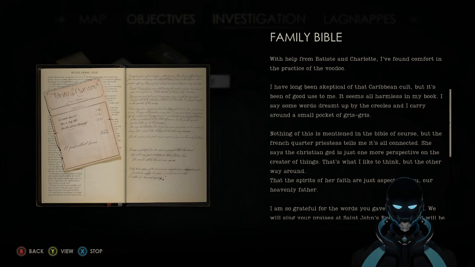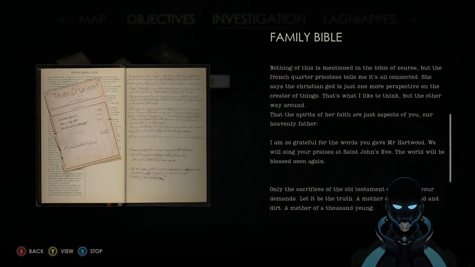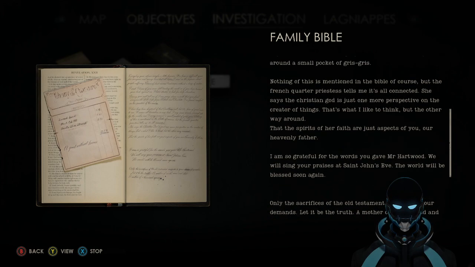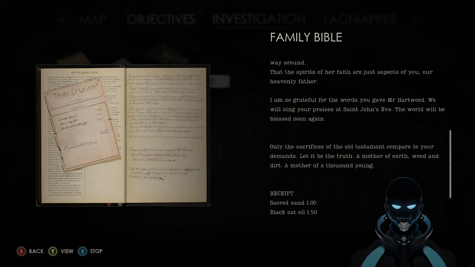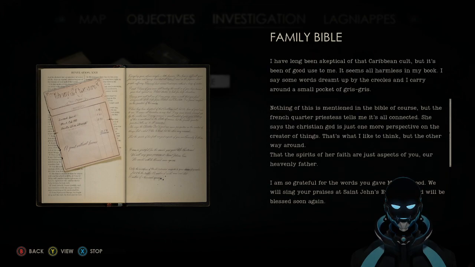With help from Baptiste and Charlotte, I found comfort in the practice of the voodoo. I have long been skeptical of that Caribbean cult, but it's been of good use to me. It seems all harmless in my book. I say some words dreamt up by the Creoles, and I carry around a small pocket of gree-gree.